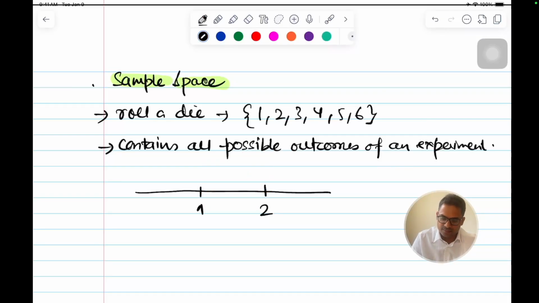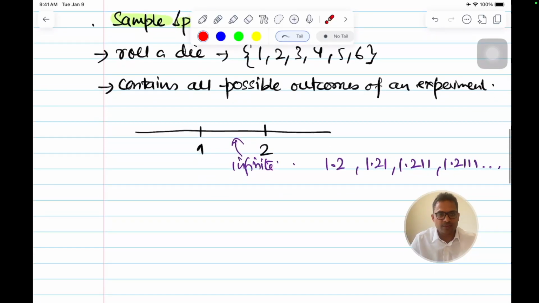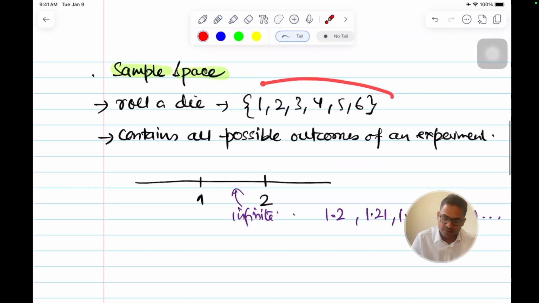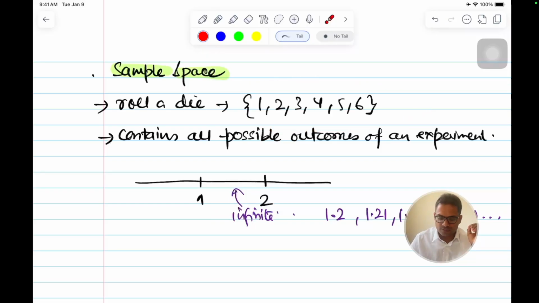That will be infinite, because we can have anything between. For example, if I have 1.2, I can have 1.21, I can have 1.211, I can have 1.2111, and so on. So these numbers are infinite. I hope you understand what a sample space is. These are all the possible outcomes.